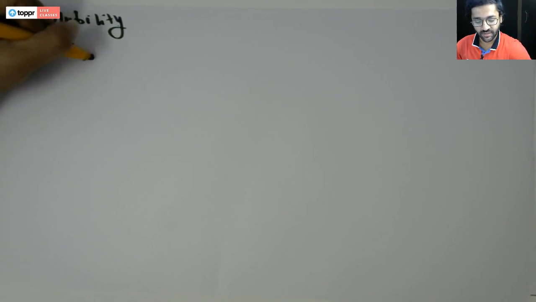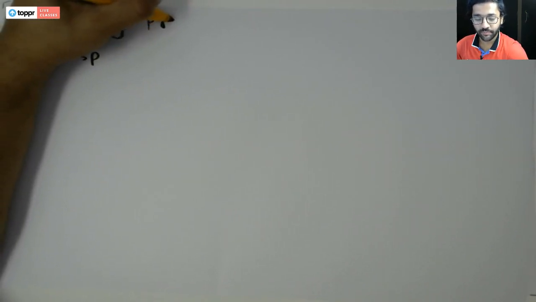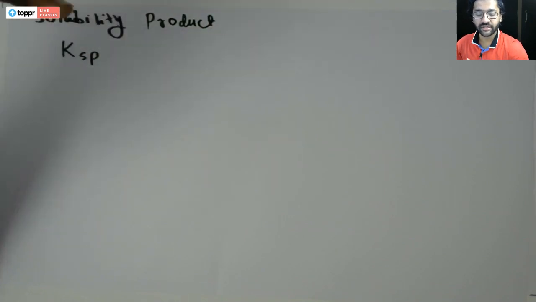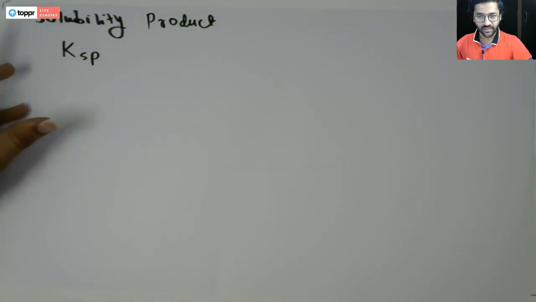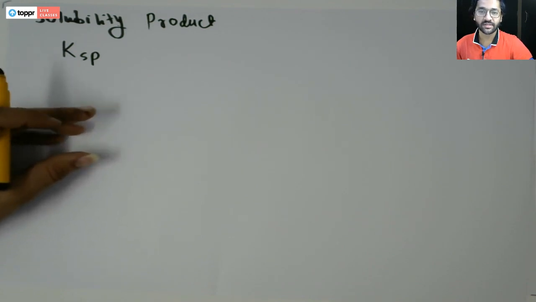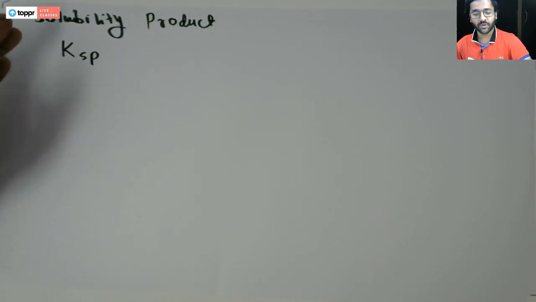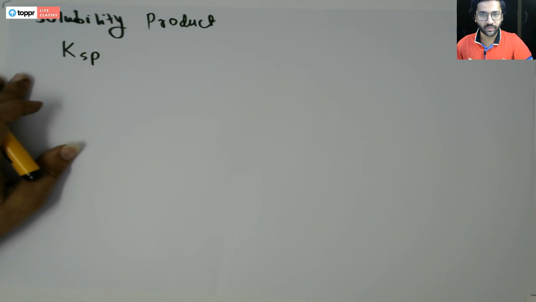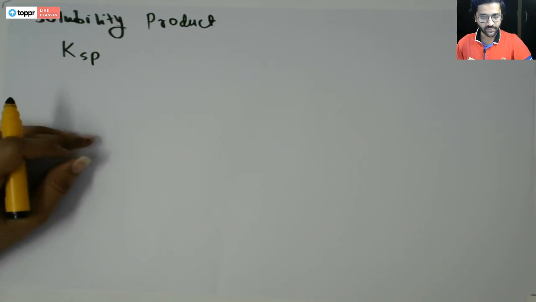The equilibrium constant for solubility will be Ksp, the solubility product. What does solubility tell us about any substance? It tells us how soluble or insoluble a substance is in a solution. So this is what a solubility product talks about, or we can directly say solubility also, right?